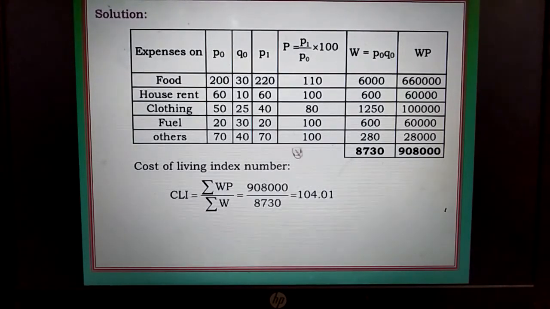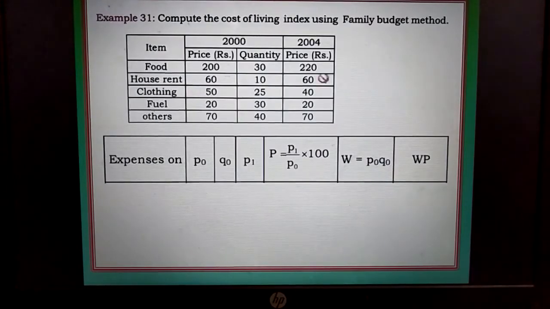You know the procedure already, that's why I did not explain this particular question in depth. But here the only change is, it was asked to be calculated based on the family budget method itself. That's why we have gone to W as P naught Q naught. Otherwise we would have calculated based on the aggregative expenditure method. Hope you are following me, students.